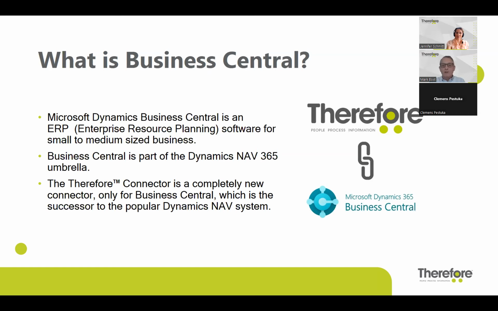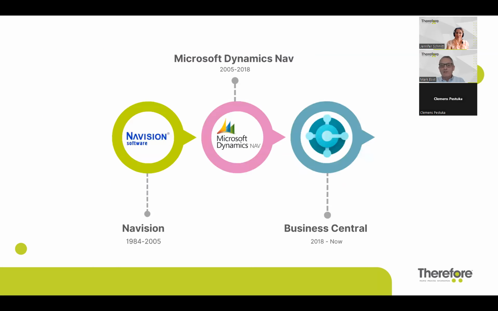If we have a look at the history, we can see that Dynamics Nav entered the market a very long time ago and is extremely popular. It first entered the market in 1994 under the name Navision, and then it was renamed in 2005 to Dynamics Nav, and then renamed again in 2018 to Business Central.